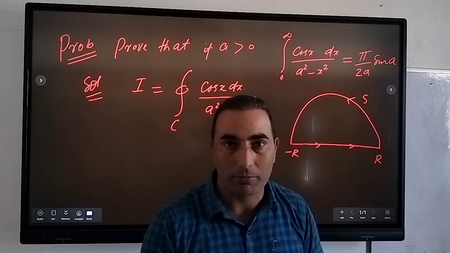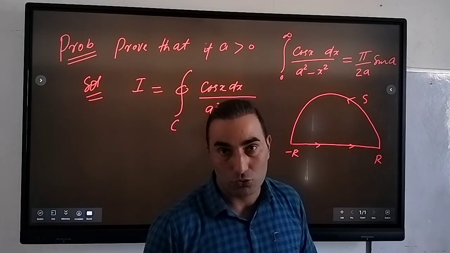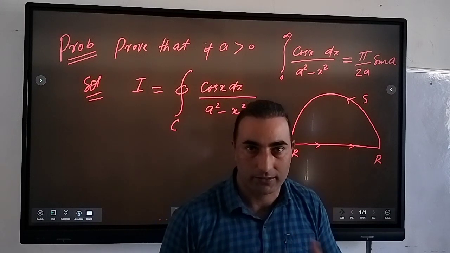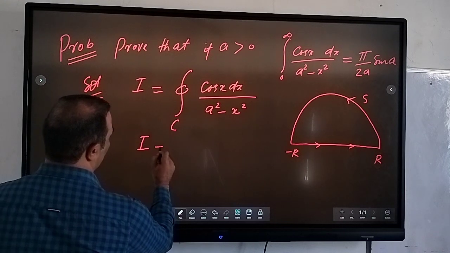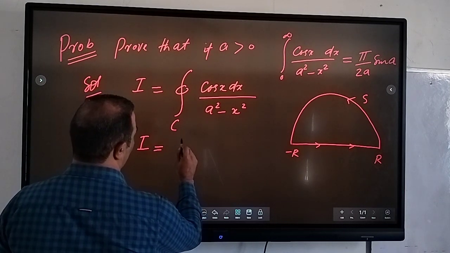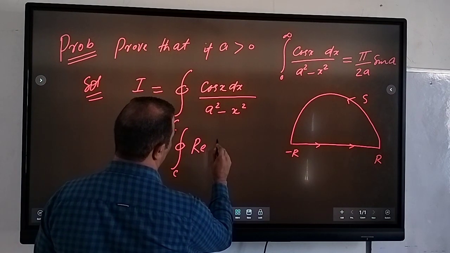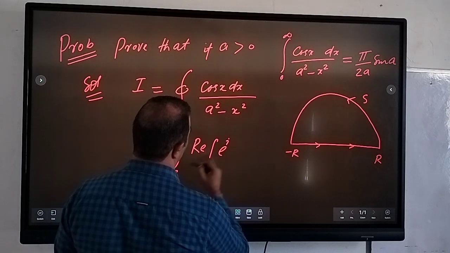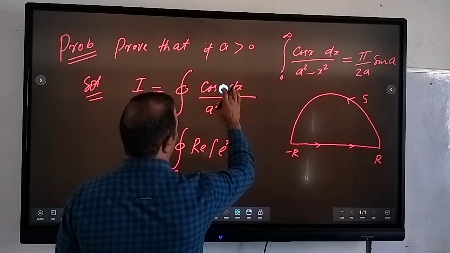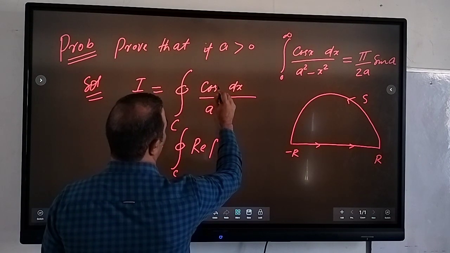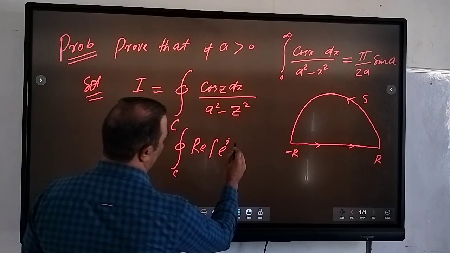Before that, firstly let's write that cosine term in terms of the exponential form, and we need to check whether it is the real or imaginary part. So I can rewrite this integral as I equal to, because it lies in the complex plane, let's write it with z here, so that is iota z.